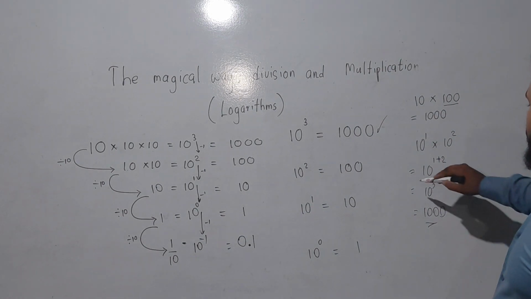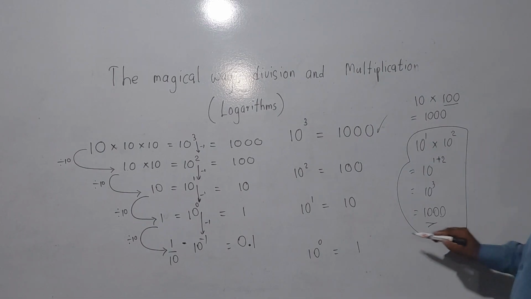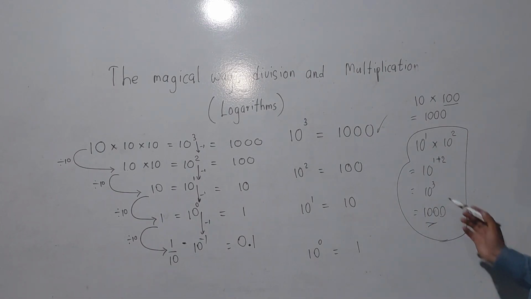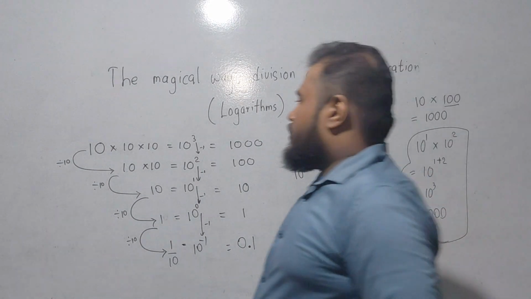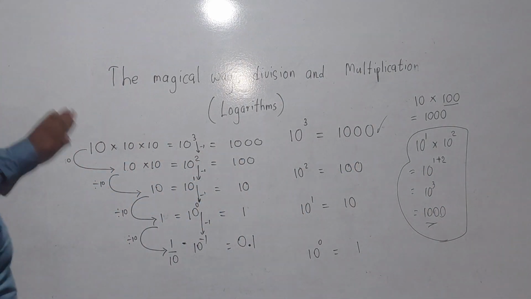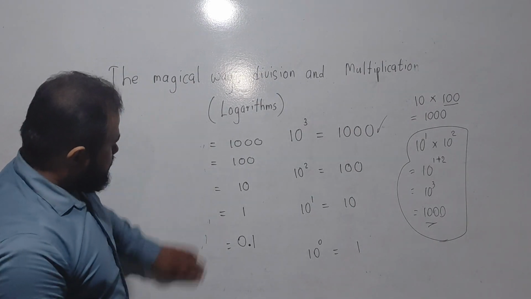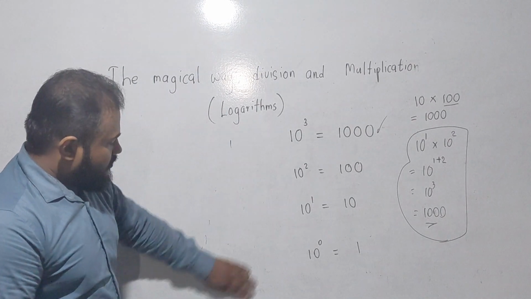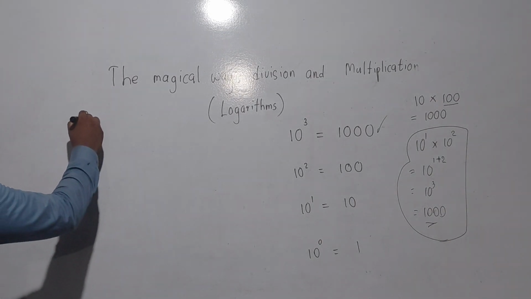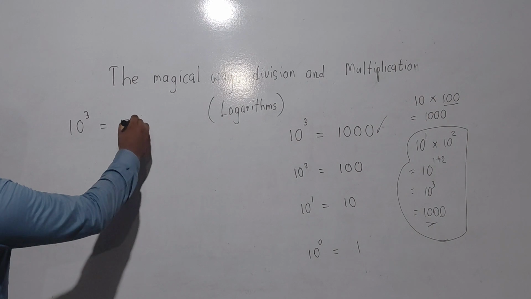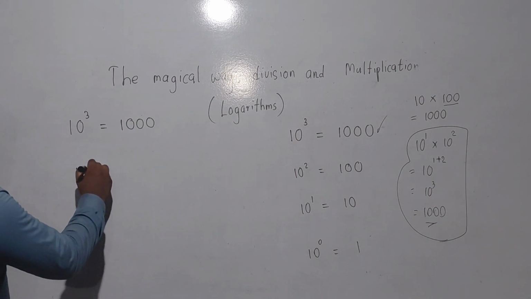So this is the method we are using to get the answer of a multiplication by addition and division by subtraction. It's like this. You know, 10 to the power 3 is 1000, and 10 to the power 2 is 100.